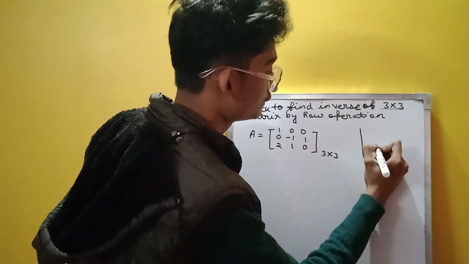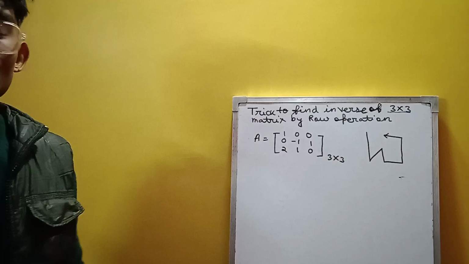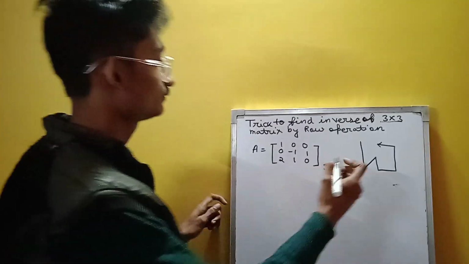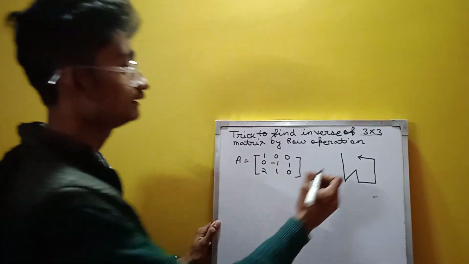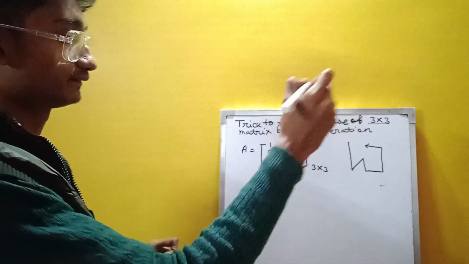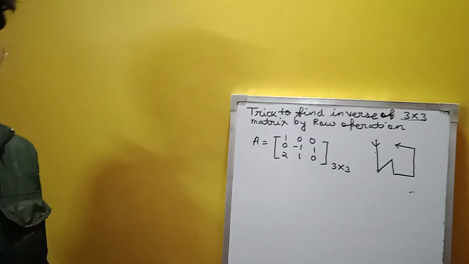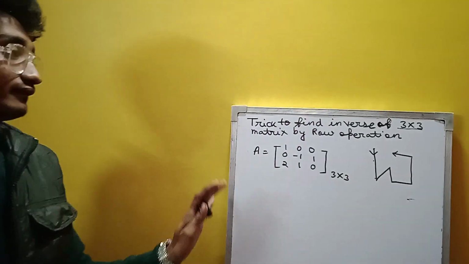Like this, you can set a password on your mobile so you will not forget it. I told this in our previous video also. This element should be tackled first, then this, followed by this. According to the arrow direction you should follow. If you follow this simple trick, you will not be perplexed when you have to calculate this by row operation.